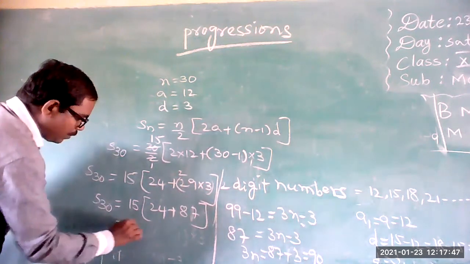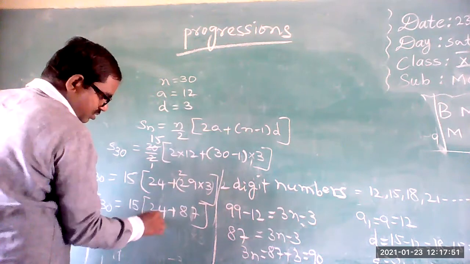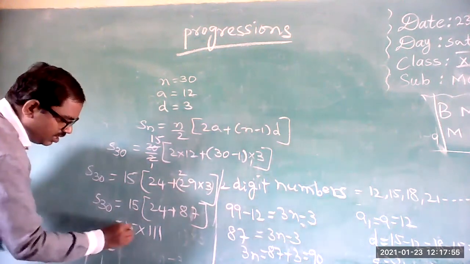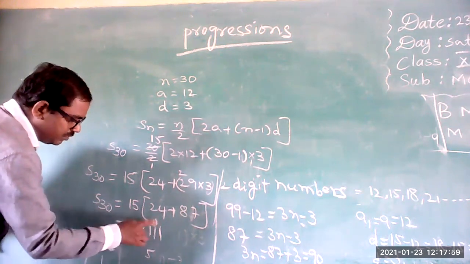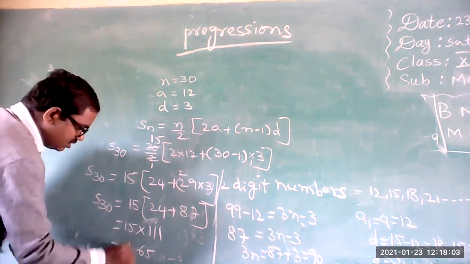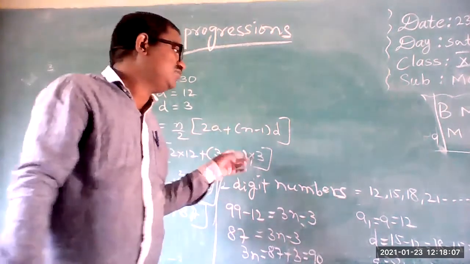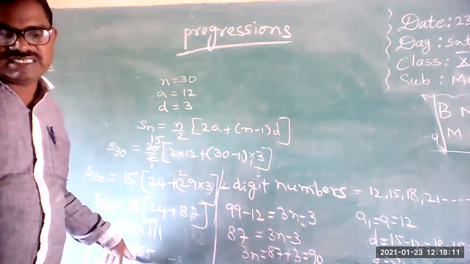So 15 into 24 plus 87 is 15 into 111. 15 ones are 15, 15 ones are 15 plus 1 is 16. So the sum of the multiples of 3 of two-digit numbers is 1665.